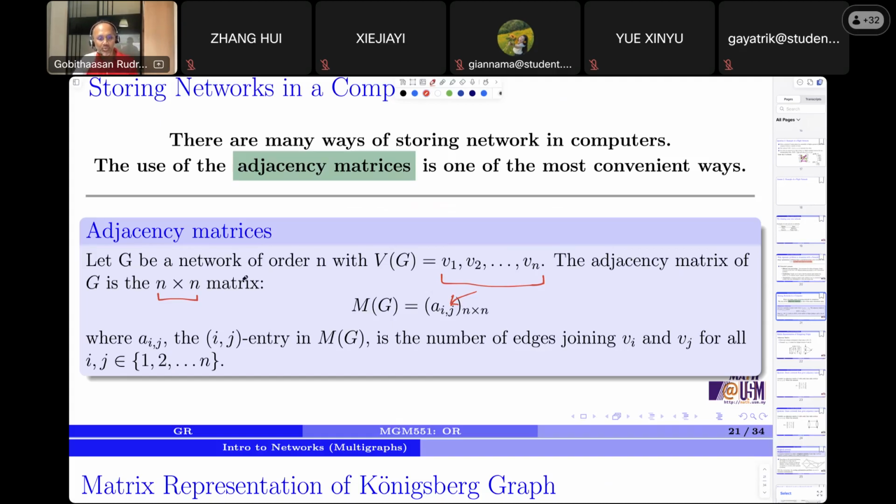Usually we denote this adjacency matrix as A or M. The entries can be the number of edges, or can be anything actually, but here the simplest form would be the number of edges. Let's look at the number of edges first before we go into other ways to represent this entry.